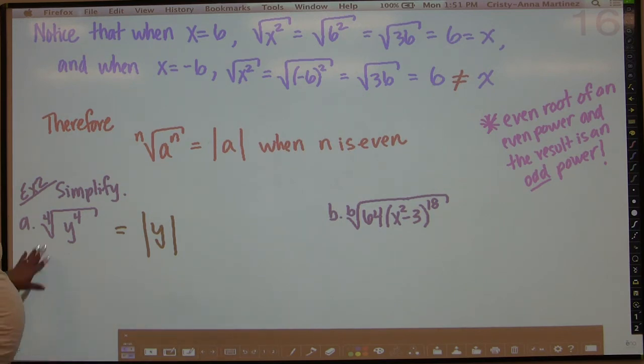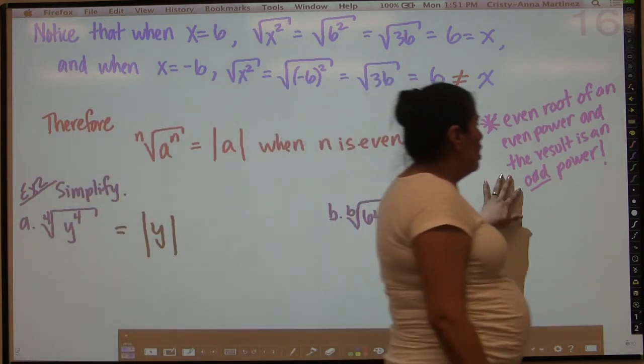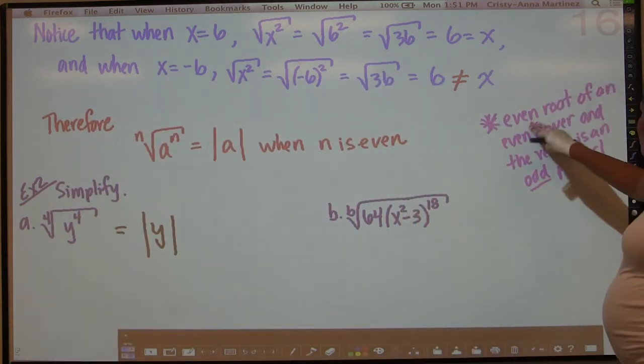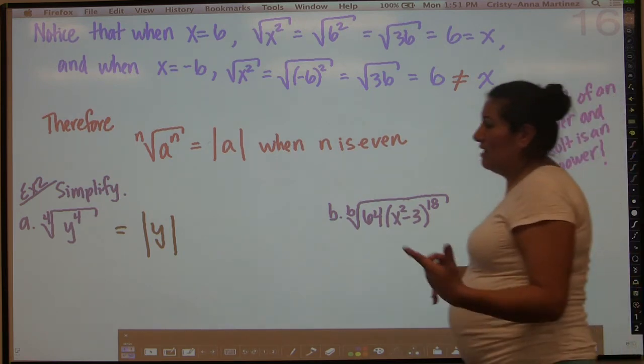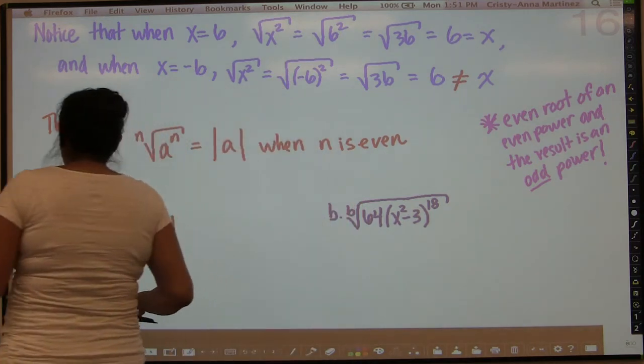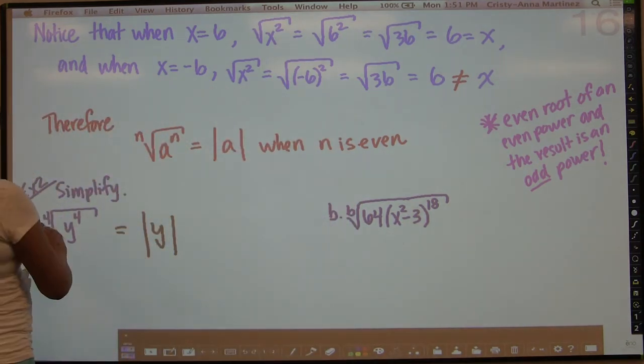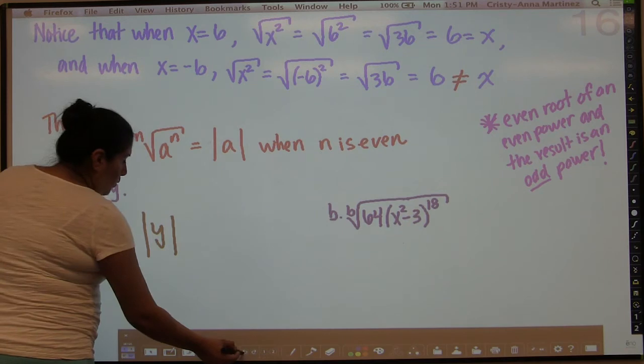So what happened here, which is what I put over here, you've got to be careful. It says you have the even root of an even power, and the result is an odd power. So basically I had the even root of an even power, and when I canceled it, I ended up with y.